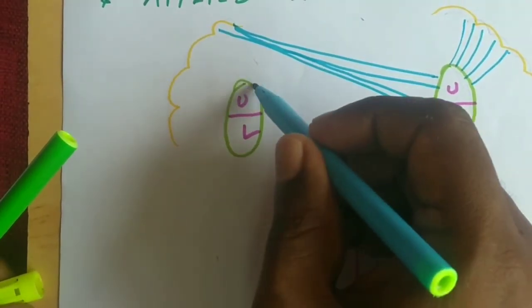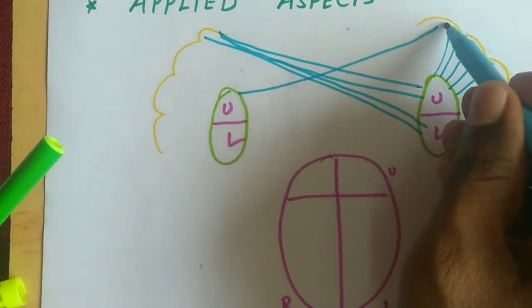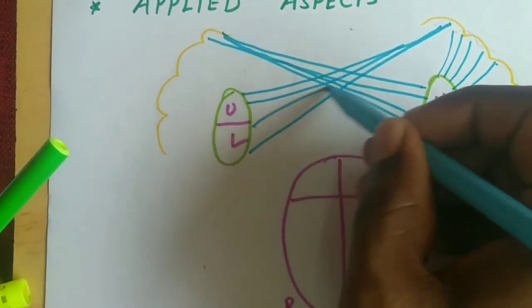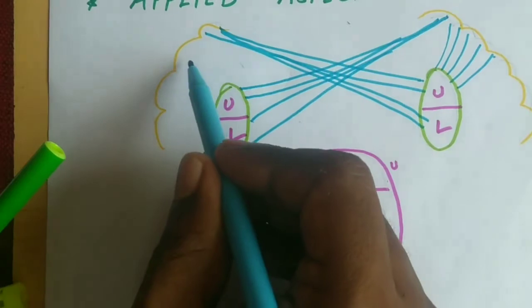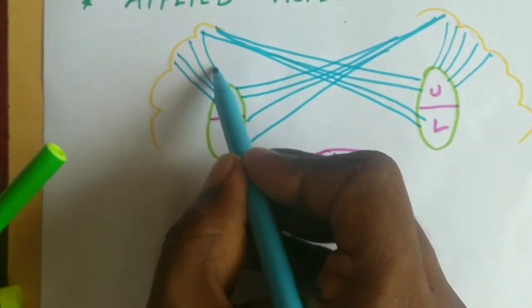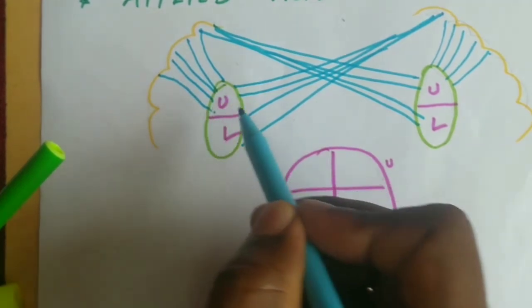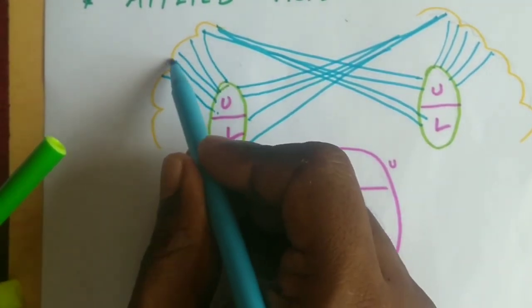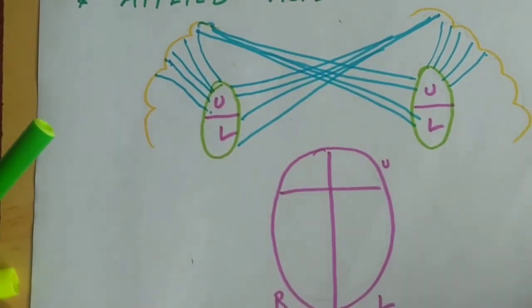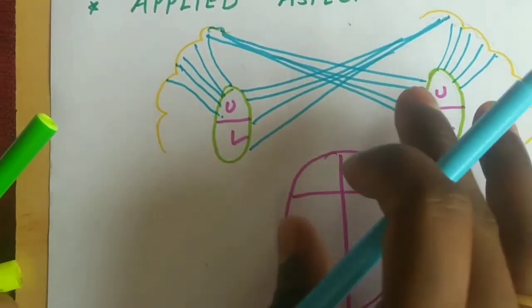Similarly, it happens to the other side also. So the upper part of the facial nucleus has bilateral representation in the cortex.